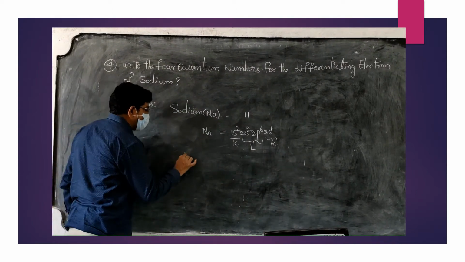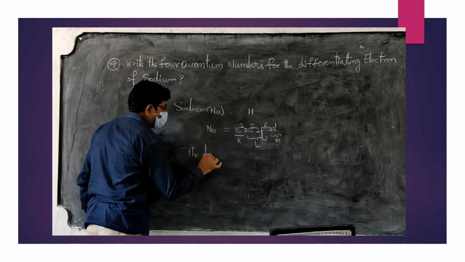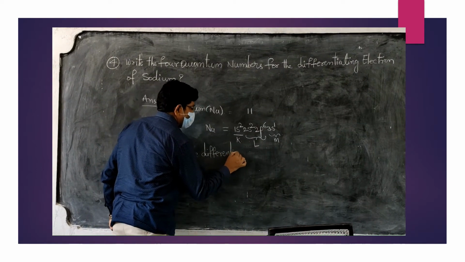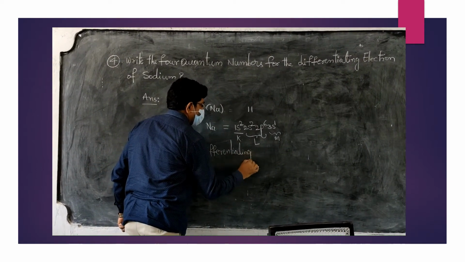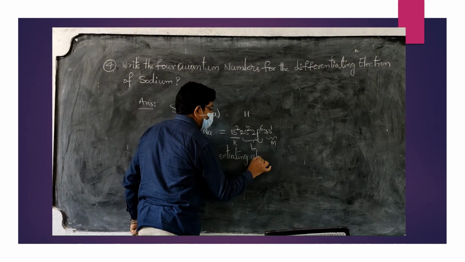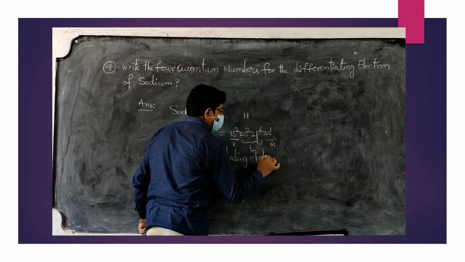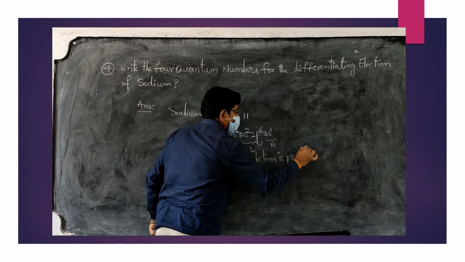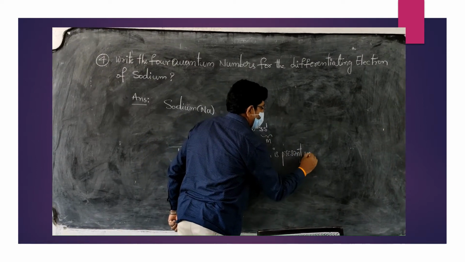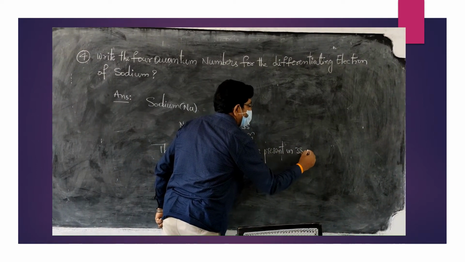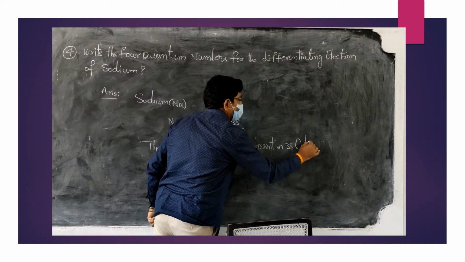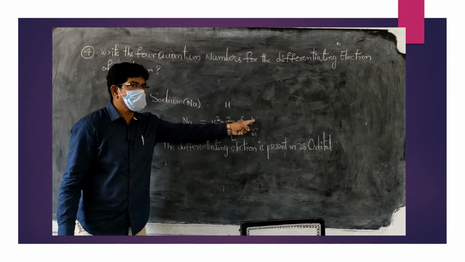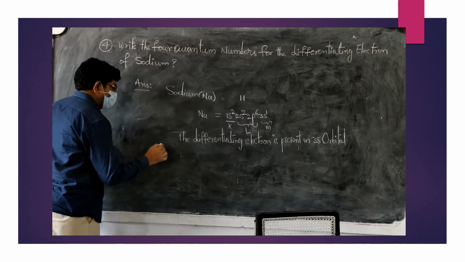The differentiating electron is present in the 3s orbital. In the 3s orbital, how many electrons are present? Only one. So write the 4 quantum numbers.